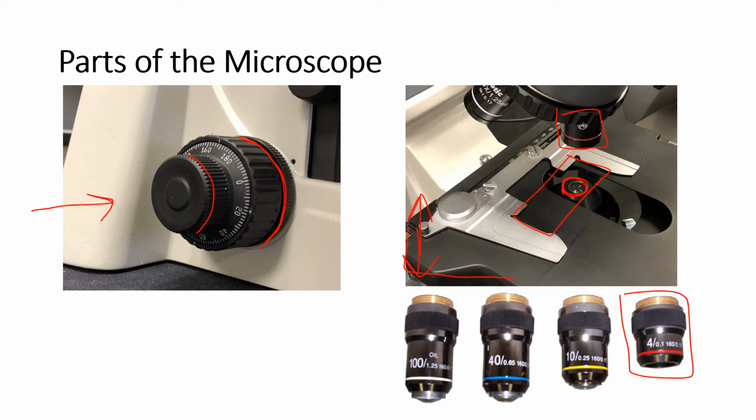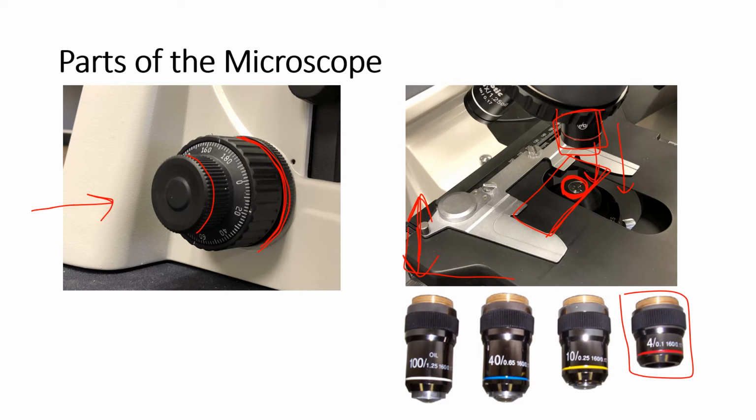So you are going to physically move the stage closer or further away from the objective lens. And normally you start with the stage all the way up, so you slowly move the stage down until the object comes into focus.